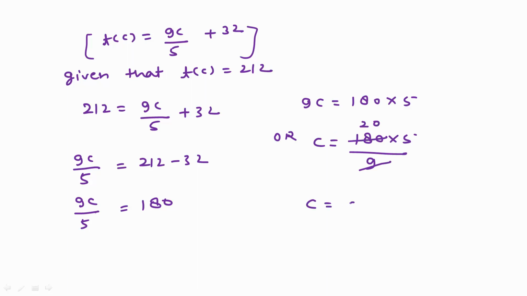C is equal to 20 into 5, and C is equal to 100. So the value of C is equal to 100 when T(C) is equal to 212.